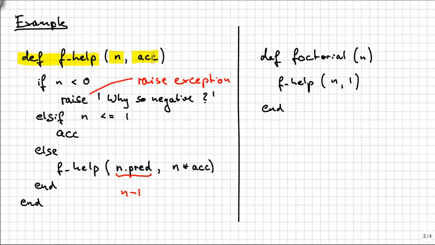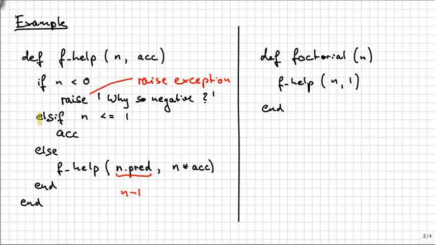And so we're now using the if control structure to test whether n is less than 0. If that is the case, we evaluate this expression here, and what it does is to raise an exception. And if the exception is raised, we can see the string we supply to the raise method.